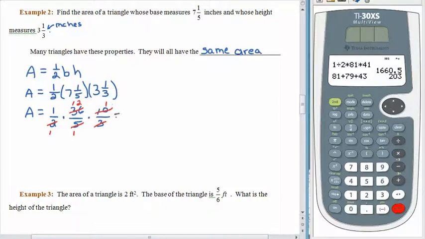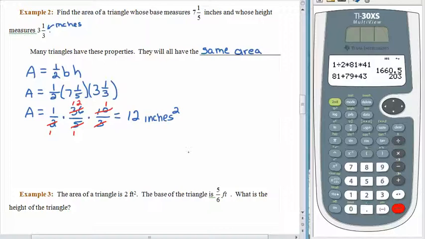I can do this faster by hand than you could typing it into all that fraction template stuff on your calculator. This is just 12. 12 what? These were inches times more inches give us square inches. There's the area of the triangle.